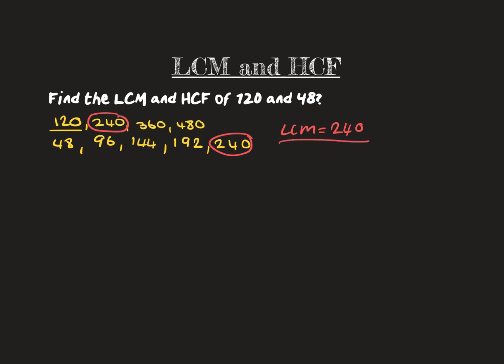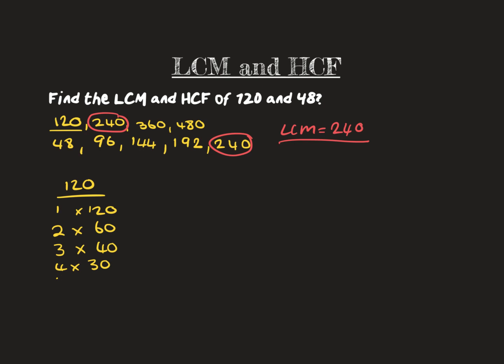So let's go then to the highest common factor. We need to find the factors of each number. So we'll start with 120. The factors of 120 are 1 times 120 gives you 120, 2 times by 60, 3 times by 40 would give you 120, 4 times by 30.